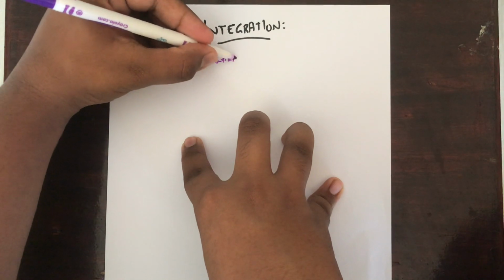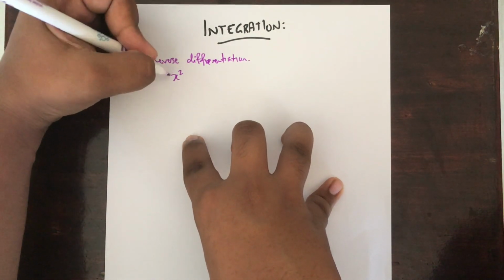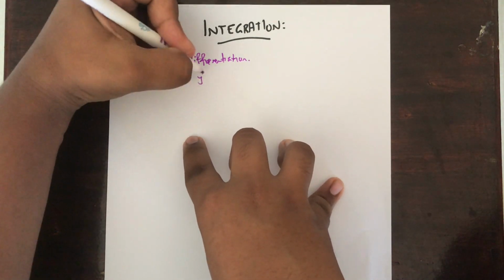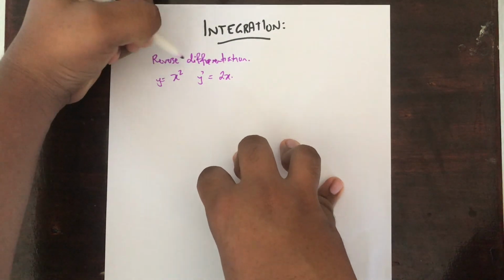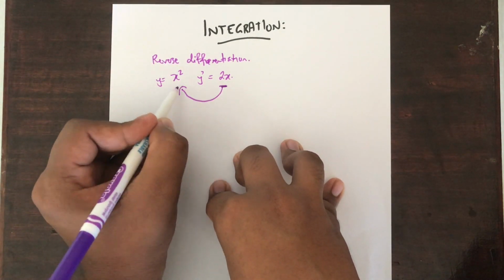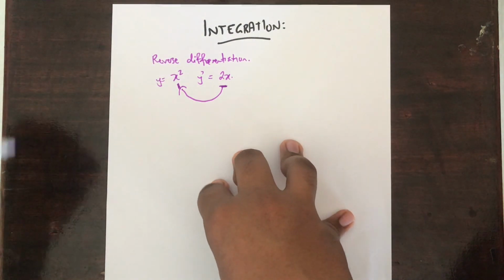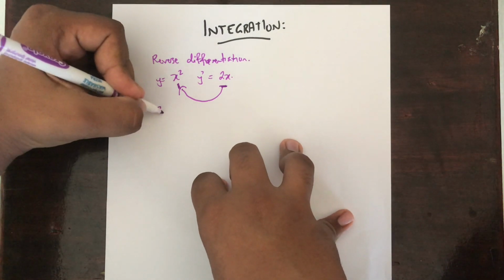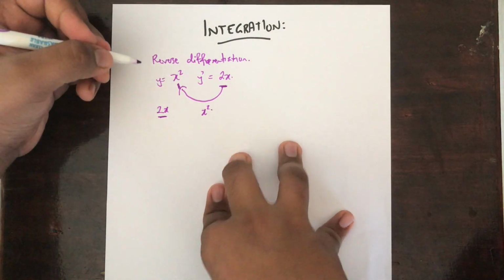In the previous videos you learned that for something like x squared, if you differentiate it, you get 2x. If you want to reverse differentiate it, you need to take 2x and obtain x squared from that. The way you go backward is called integration. So if you want to get x squared from 2x, what can you do?